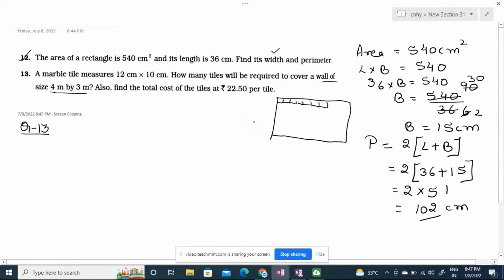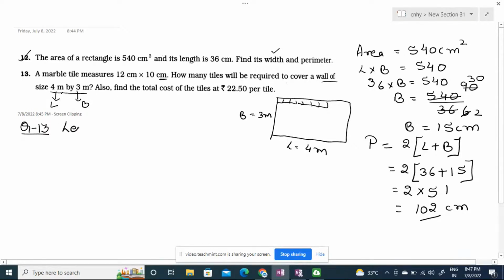So the length of the wall is 4 meter and the breadth is 3 meter. Always length is written first, then breadth. The size of the tiles is 12 centimeter and 10 centimeter, but they are in different units. The wall is in meters and the tiles in centimeter, so we have to convert them.